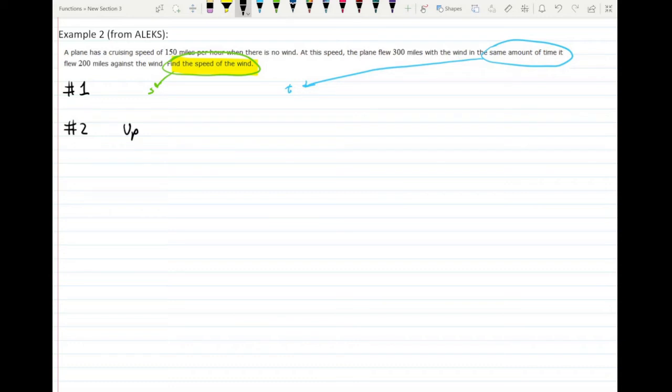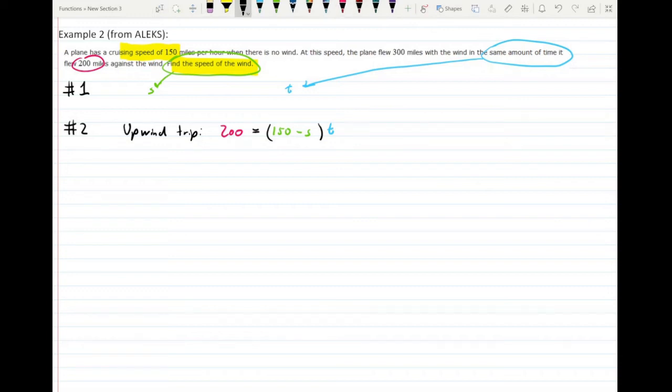Firstly, the upwind trip, where it flew 200 miles at a rate of its cruising speed of 150 minus that wind speed, because when it's going upwind, the wind is going to be pushing against it and decreasing its speed. And it flew at that rate, or that speed, for t hours, however many t happens to be.